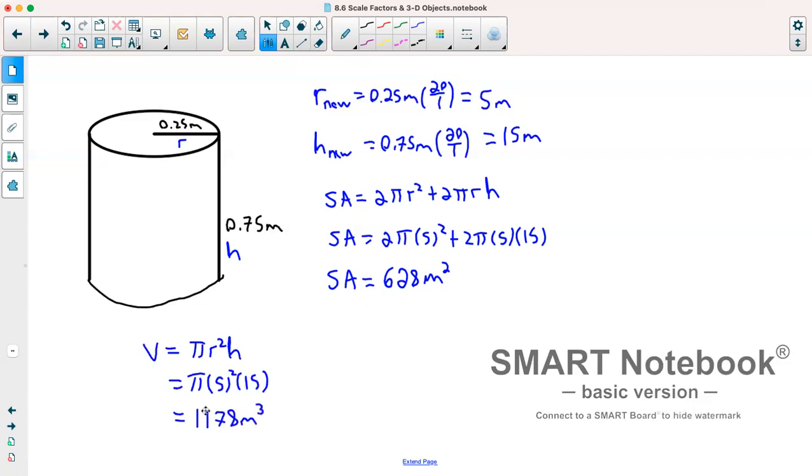So it can hold this volume of water. Now, if it actually asks us for liters, 1,000 liters fits in a meter cube. So if we wanted to know how many liters this held, we would just multiply this by 1,000. And we would find that it holds essentially 1,178,000 liters.